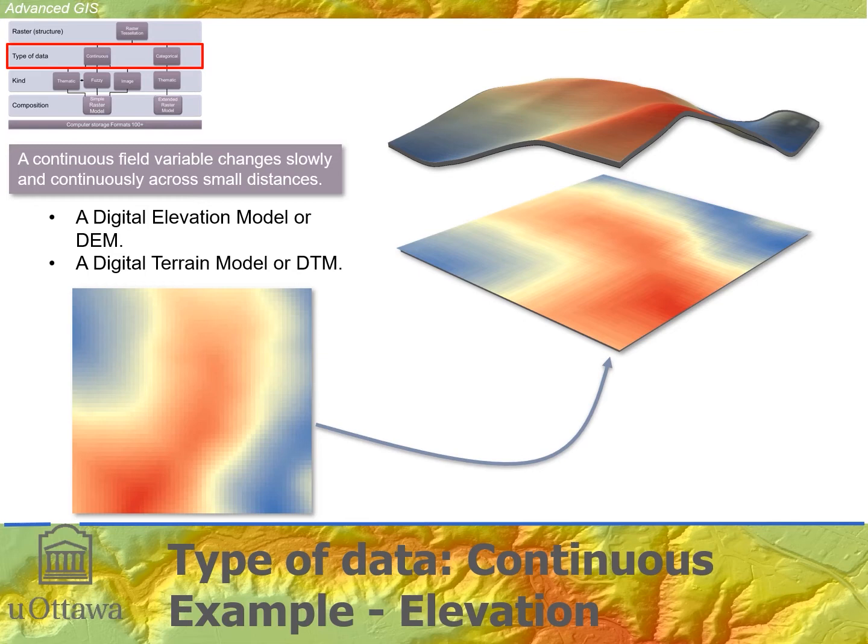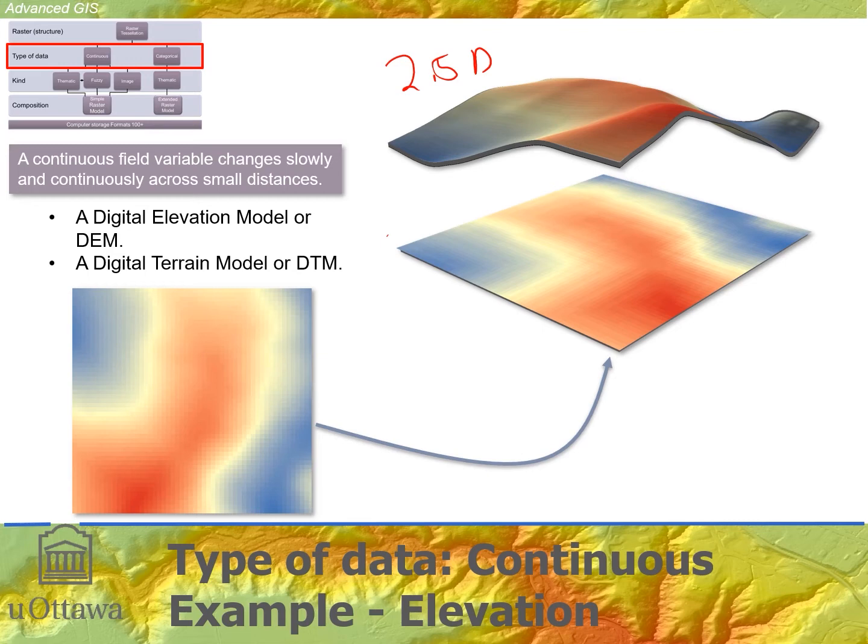Most rasters that are digital elevation models, for example, are just a 2.5D representation, a 2.5 dimensional representation, and it's 2.5D because it shows a surface rather than a volume, which would be 3D. So if it showed the whole volume here, or some volume like so, then that would be a 3-dimensional representation.